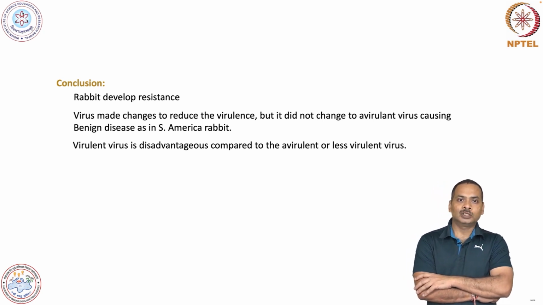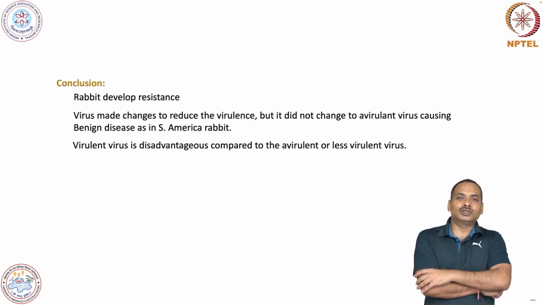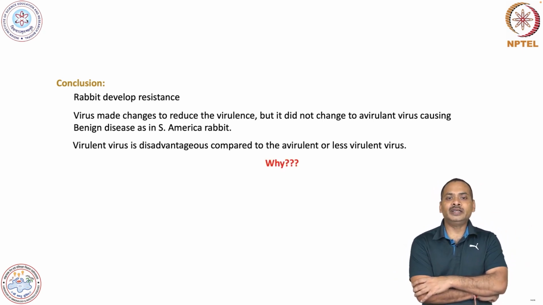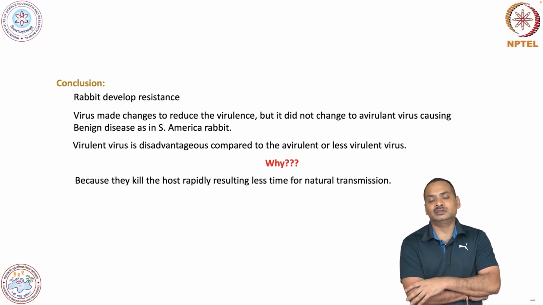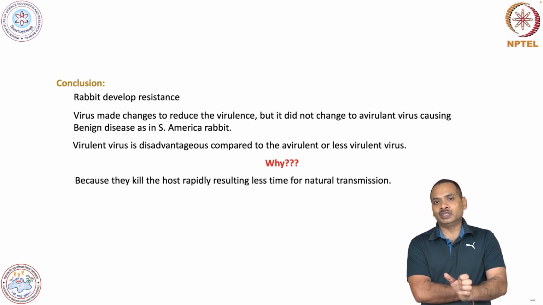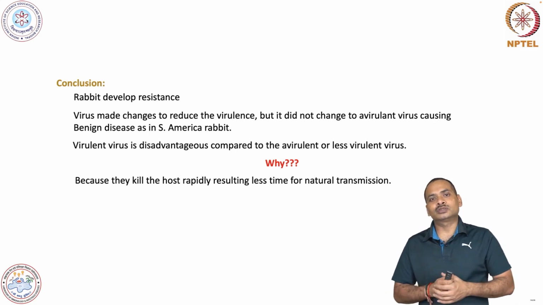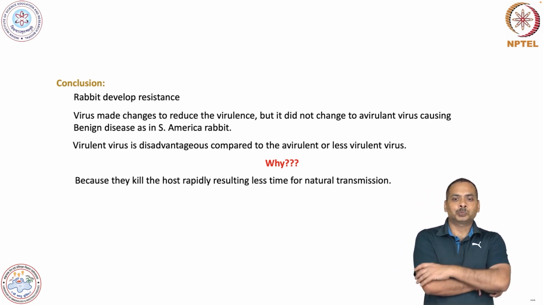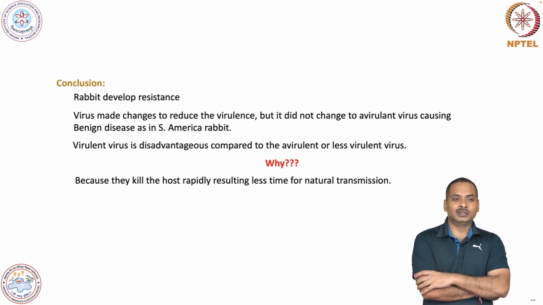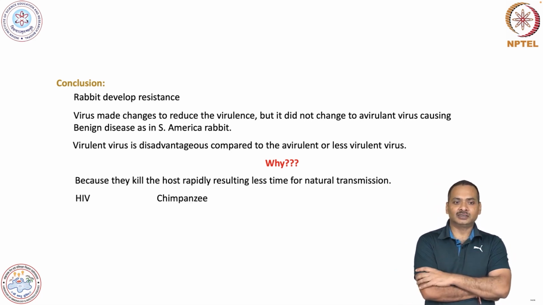So more virulent is not good for the virus. Why? Because they kill the host rapidly, resulting in less time for natural transmission. If they kill very quickly, they will not get another host. So that's why it is disadvantageous.